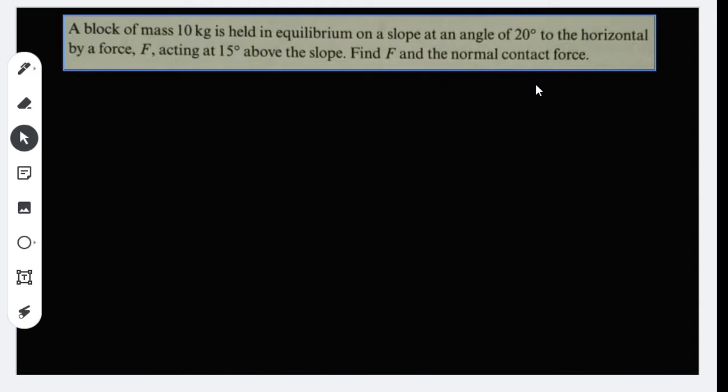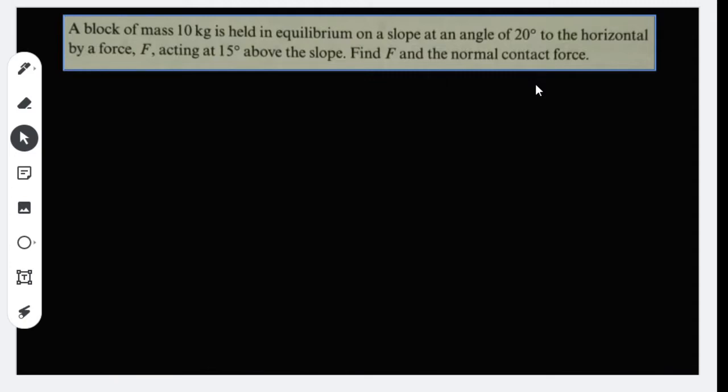Again, the problem says a block of mass 10 kg is held in equilibrium on a slope at an angle of 20 degrees to the horizontal. Since it is already in equilibrium on a slope at 20 degrees to the horizontal, we can present our problem like this.